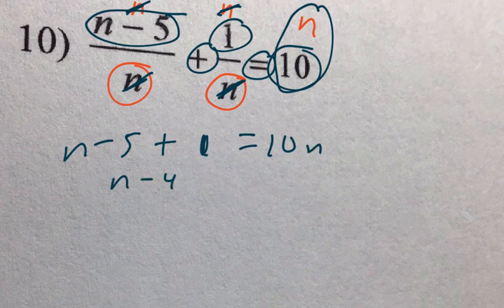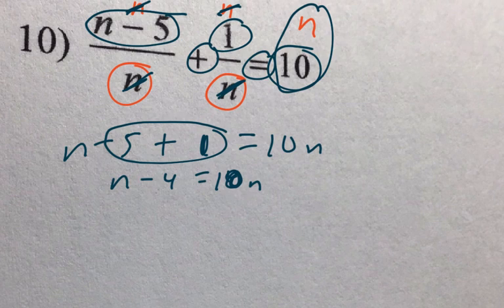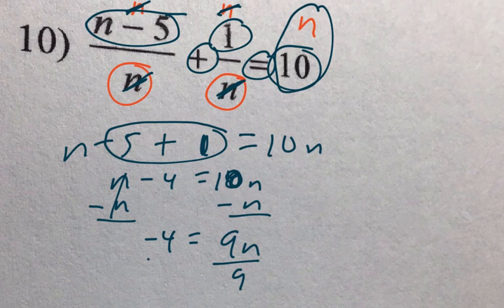So n minus 4 equals 10n, right? Because 1 minus 5 is negative 4. I'm going to minus n both sides to get all my n's together. So negative 4 equals 9n. And I divide by 9. And so n must be negative 4/9.